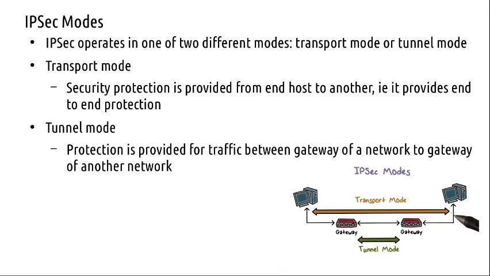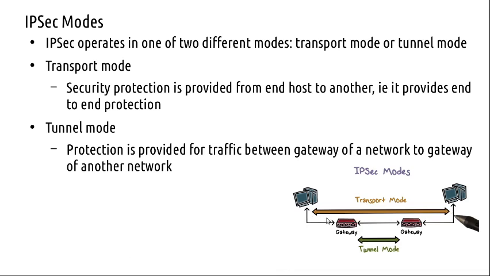So there are two modes. This is a screenshot from a YouTube video, that's why this pen is seen here. The two modes are the transport mode and the tunnel mode.